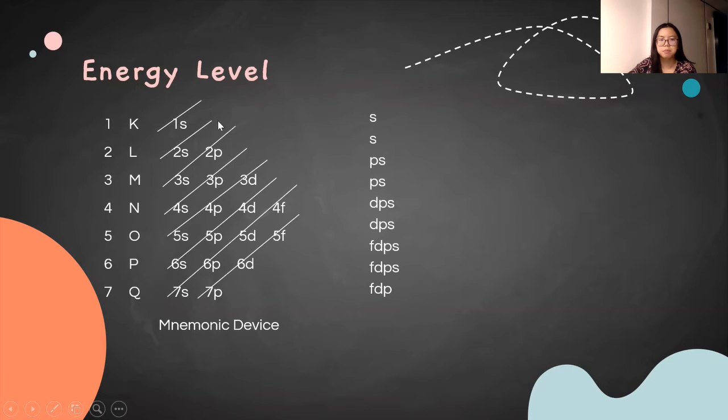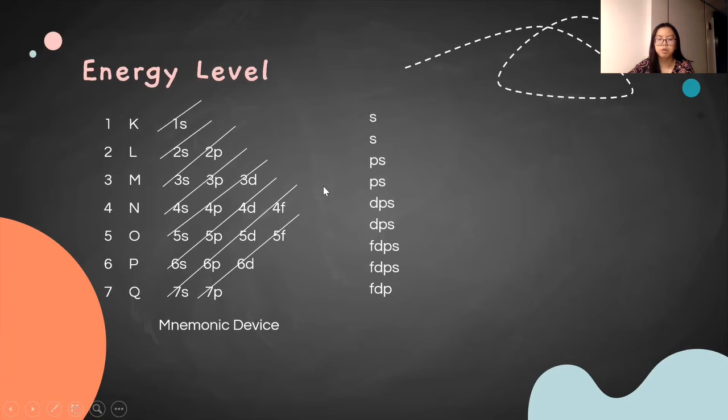2s2 going up, 2p, 3s going up, 3p, 4s, going up again 3d, 4p, 5s, then going up again 4d, 5p, 6s, going up again 4f, 5d, 6p, 7s, then going up again 5f, 6d, 7p.